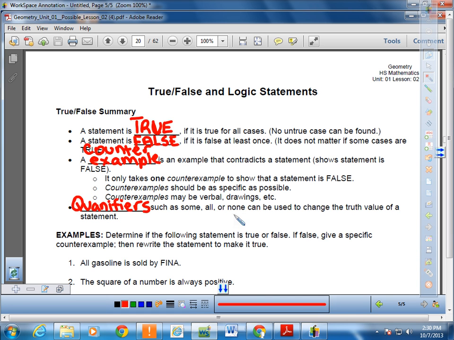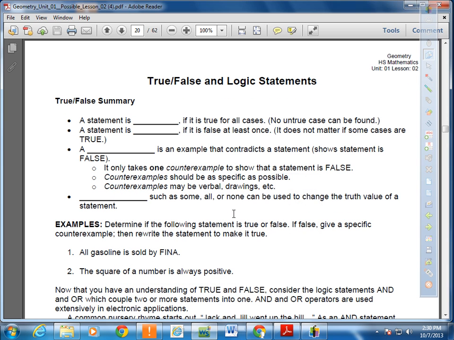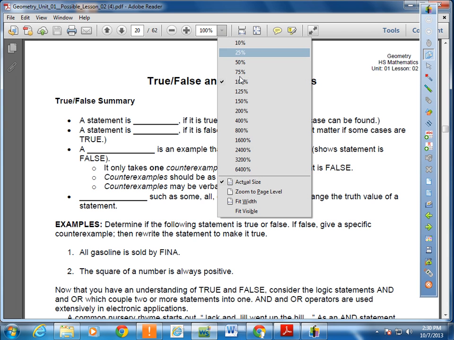All right, examples. Determine if the following statement is true or false. If it is false, give a specific counterexample and then rewrite the statement to make it true.